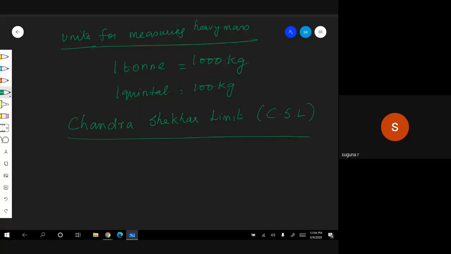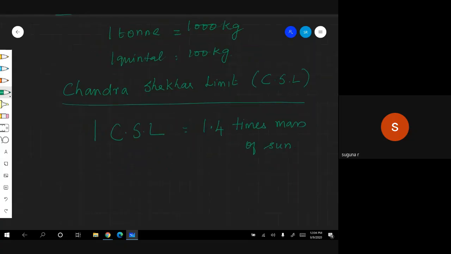What is the Chandrasekhar limit? It is a mass. CSL means it is a very huge unit for mass. 1 CSL is nothing but 1.4 times the mass of the sun.